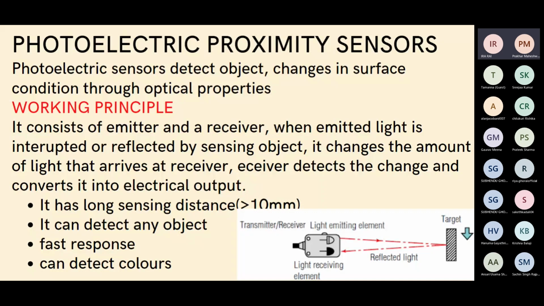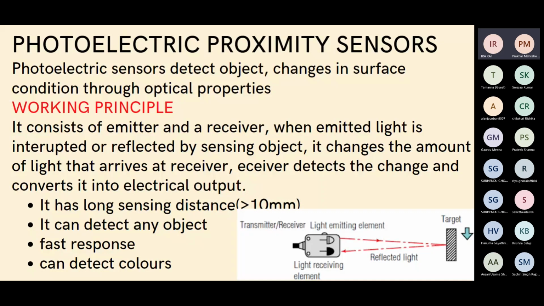An emitter emits the light and the receiver receives the light, and it gets interrupted or reflected by the sensing object. So it changes the amount of light that arrives at the receiver. The intensity of light changes. This change is detected by the receiver and it is converted into an electrical output. So this part is same for all the proximity sensors: some change is detected and it is converted into some electrical output.